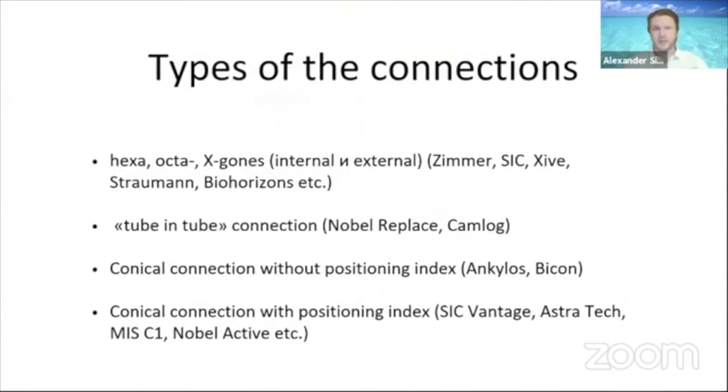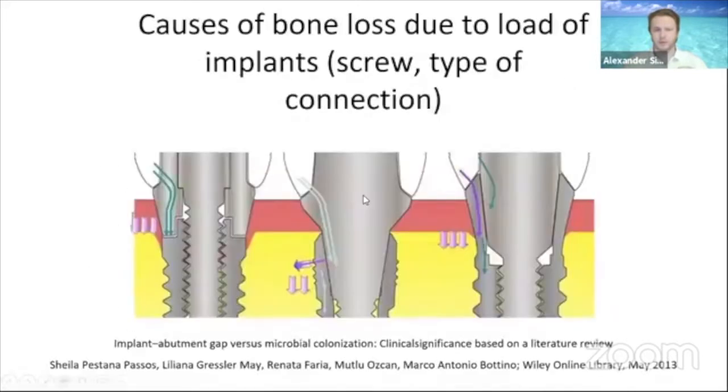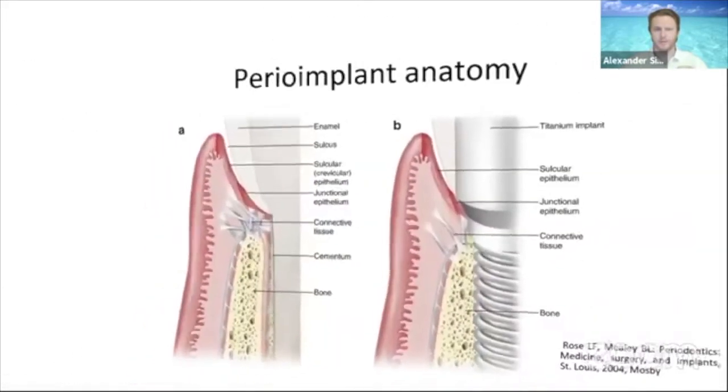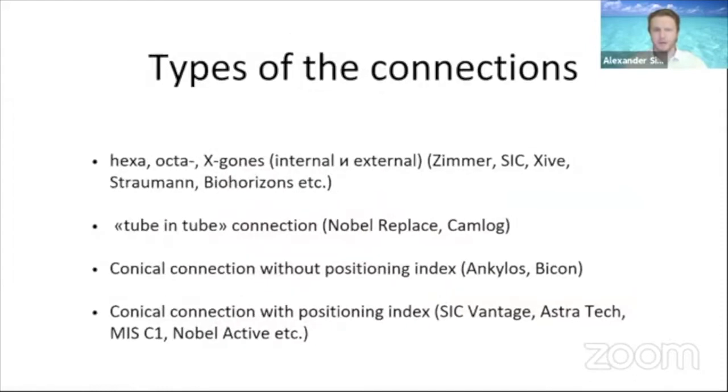There are a lot of types of connections. We understand that there are hexagons and octagons, for example, SIC or Zimmer. There are tube-in-tube connections, for example, Nobel company. There are conical connections without a positioning index, like Kelos Bicon. It's very difficult in handling.